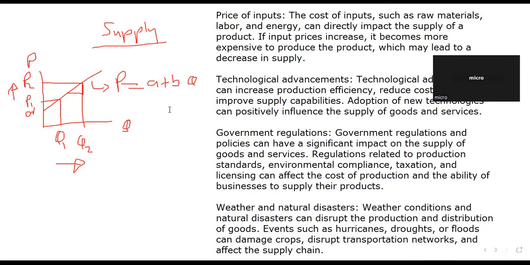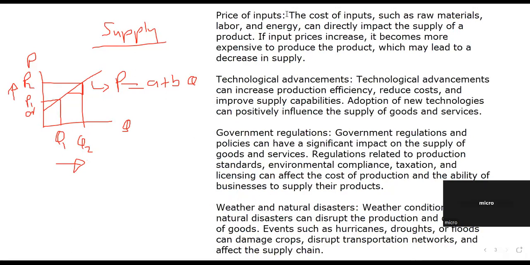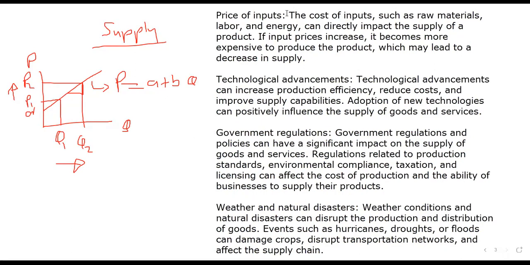So what are some of the factors that affect supply? The price of the inputs. The inputs here, such as the raw materials, the labor, the energy, all these are being factored in. So the price of input will affect the supply. We also have technological advancements. These will increase production efficiency, hence reducing costs of production, thereby increasing the supply.